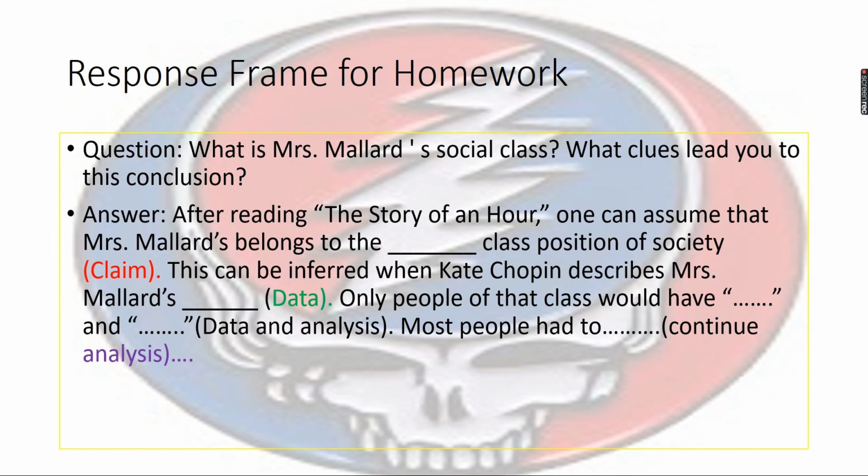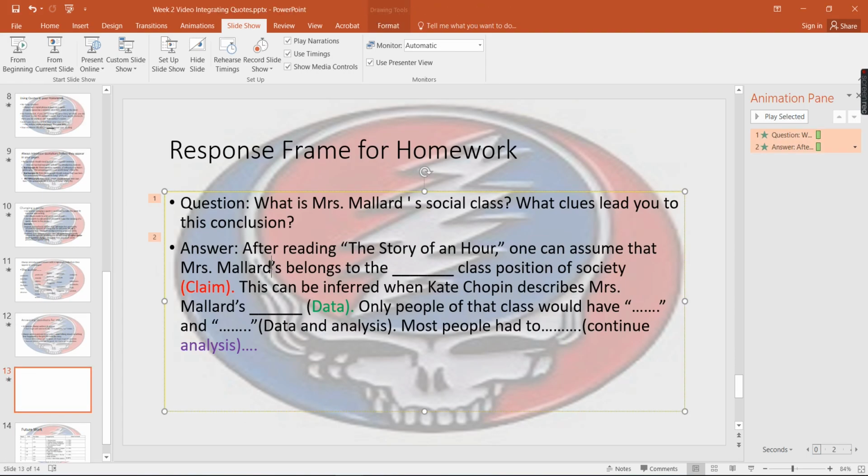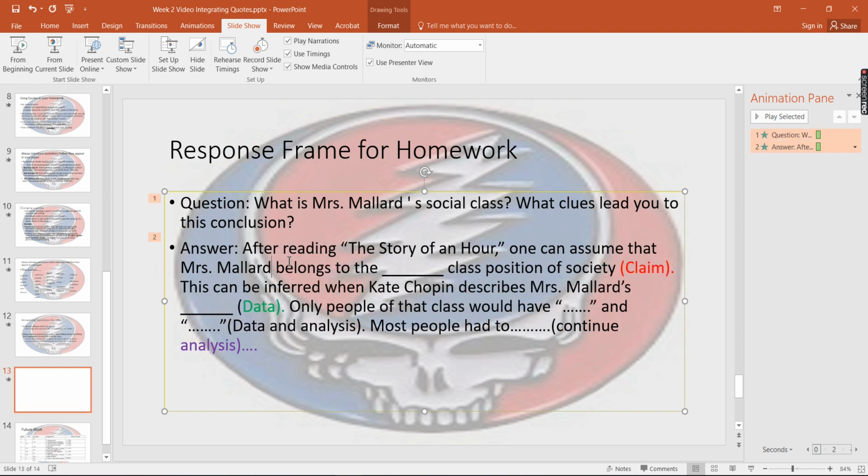So you can write something like, after reading the story of an hour, one can assume that Miss Mallard belongs to the blank class position of society. Hold on, let me fix this real fast, because I was originally writing that one can assume that Miss Mallard's class was, but instead changed it to Miss Mallard.